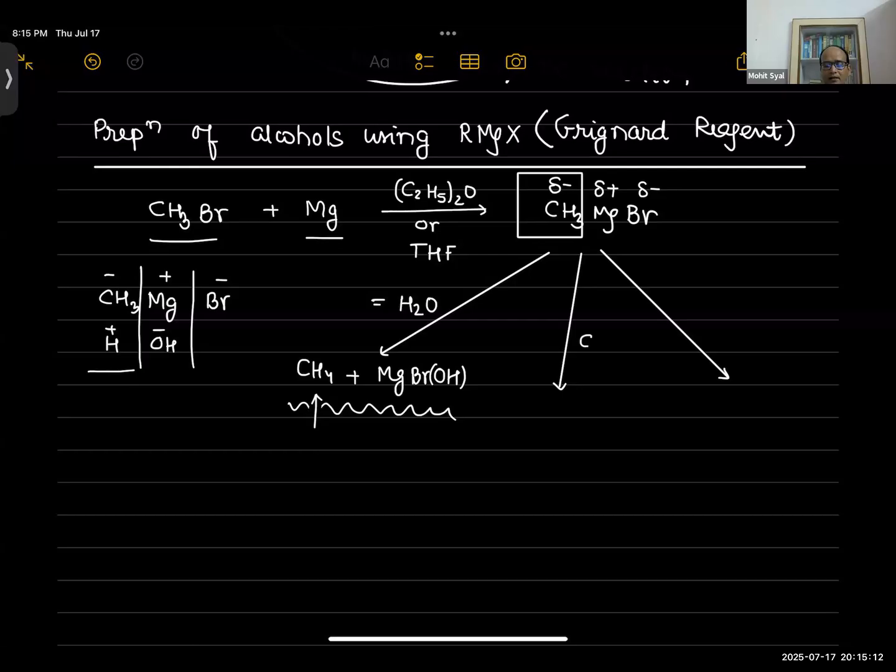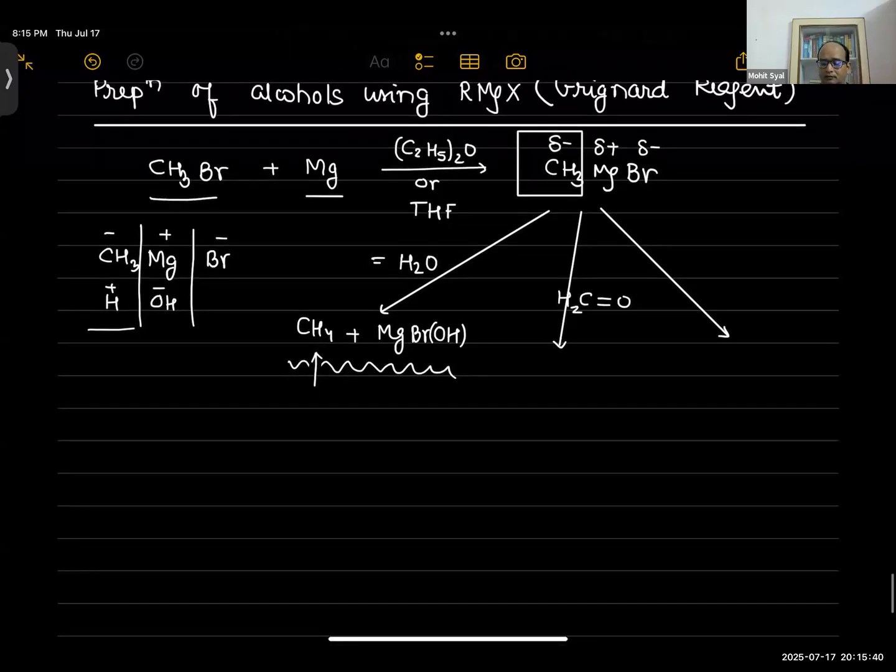But if I react Grignard with an aldehyde or a ketone, I can get an alcohol. Suppose let's start with the reaction with CH2 double bond O, this is the formaldehyde, the smallest aldehyde. So what will happen if I react the Grignard with this?